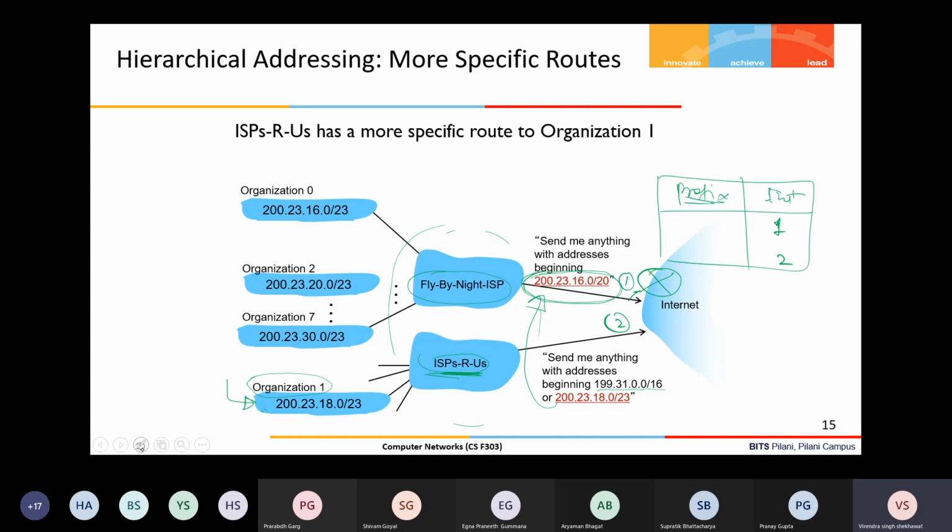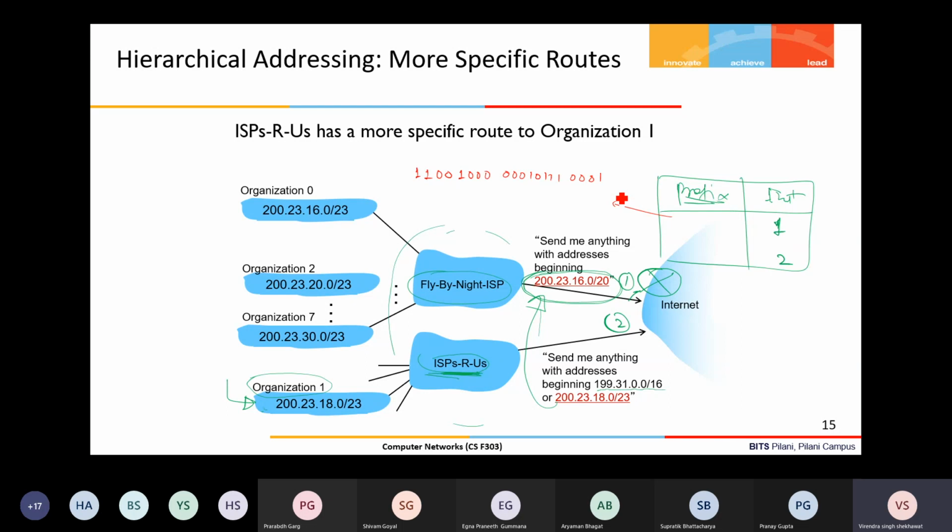Let me change the pen color. I'm writing here because this space is not enough. Let me quickly write it in binary: 10000101111 and 0001. This is the 20-bit prefix.